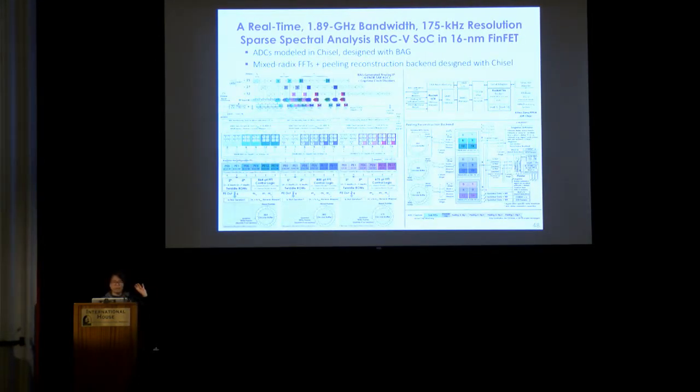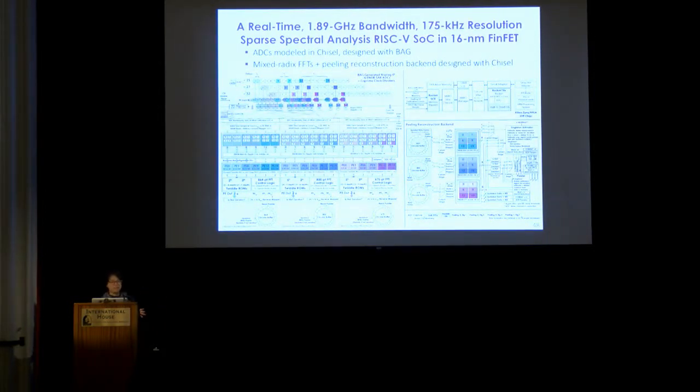This same FFT generator, now translated from Chisel 2 to Chisel 3, was used in a real-time 1.89 gigahertz bandwidth, 175 kilohertz resolution sparse spectral analysis RISC-V SoC, also in 16 nanometers. The ADCs were designed using the Berkeley analog generator. They were actually modeled first in Chisel because they were swapped with the real IP in Innovus.